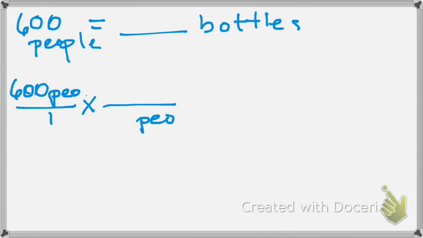Do I know any relationship between people and the number of bottles that I need? And the answer is a big old no. But I know a relationship between people and my recipe card. And my recipe, it says that 10 people eat 1 recipe.